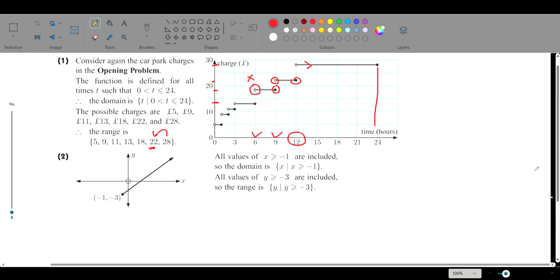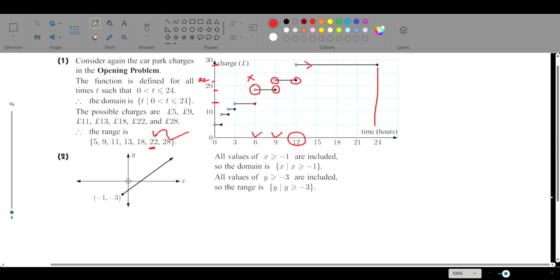So at 12 hours the charge is 22. After 12 hours, let's say 12 hours 1 minute, 12 hours 2 minutes, 12 hours 5 minutes, which is just greater than 12 hours, the charge will shoot up to 28 pounds. That's what the graph is showing. Are you getting this?